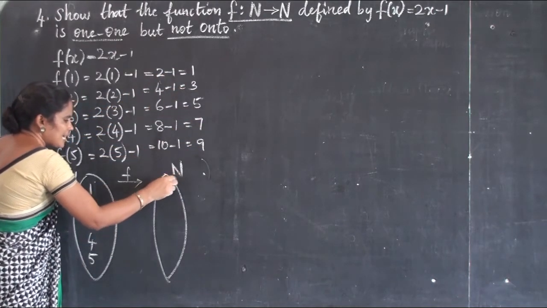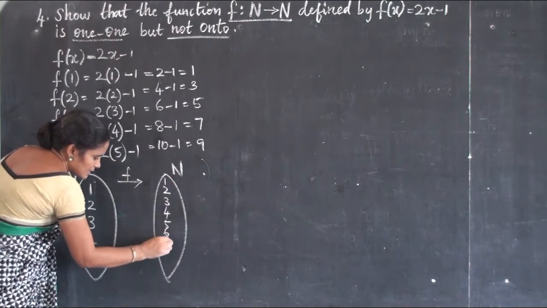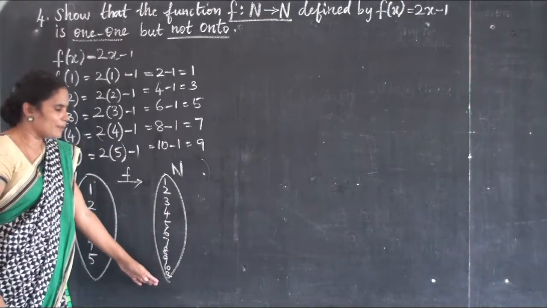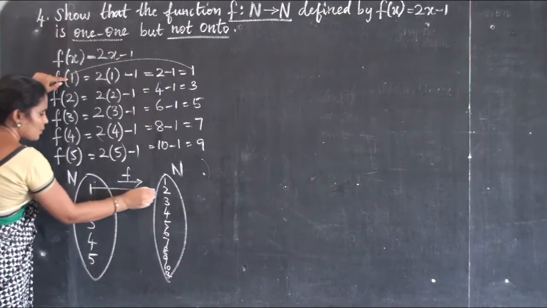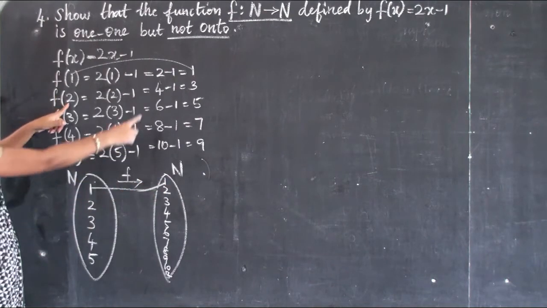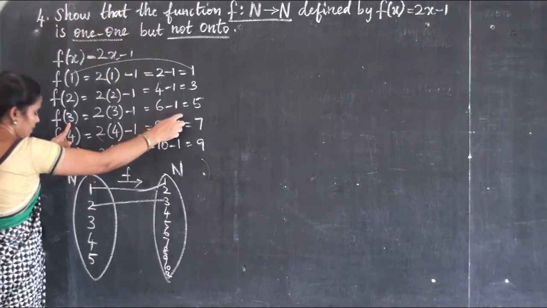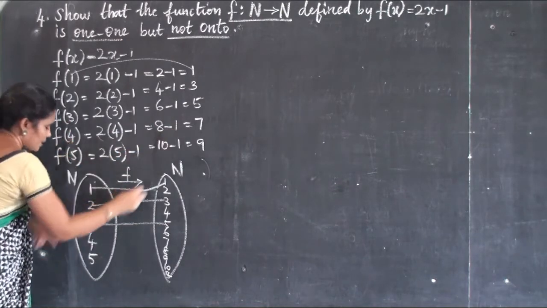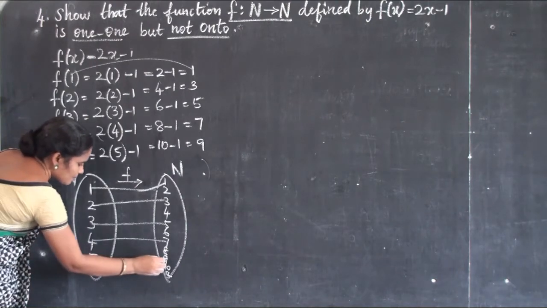But it is given as natural numbers, so write all the elements 1, 2, 3, 4, 5, 6, 7, 8, 9, 10, 11 as it goes on. Now for 1 we get 1. Now you can write the function. For 1 it is 1, for 2 it's 3, for 3 it is 5, for 4 it is 7, for 5 it is 9.